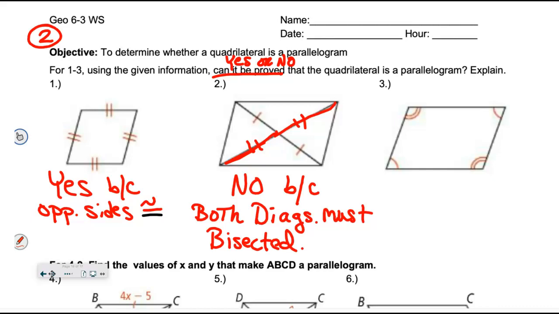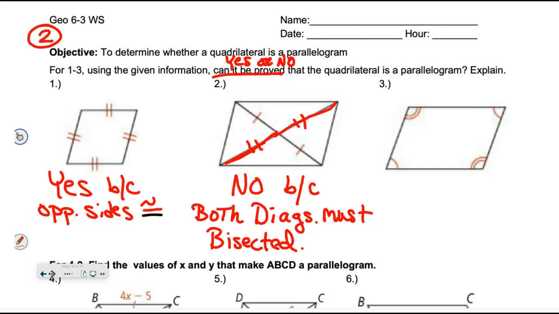Is there enough information, which means is one of those 6 bulleted things on our note card or one of the 6 things on the bottom of page 11 marked? If yes, write yes and tell me which one. If no, write no and tell me why not. Okay? And again, kind of to sort it out so you're not looking at all 6, look at the stuff about sides, look at the stuff about diagonals, look at the stuff about what for this one?